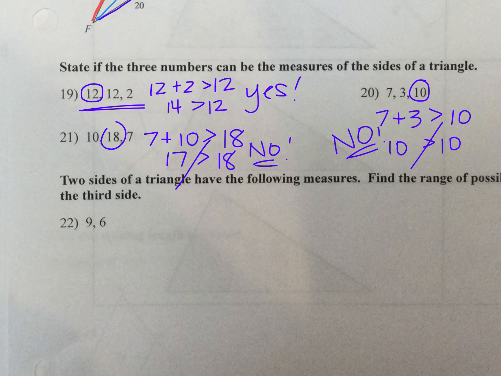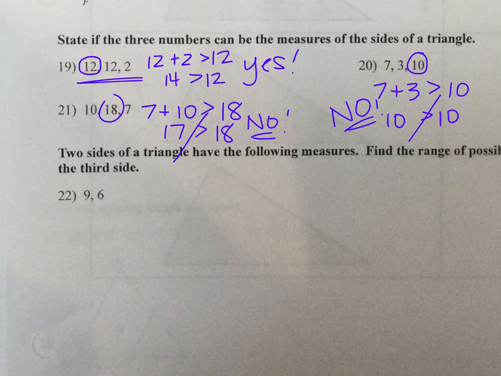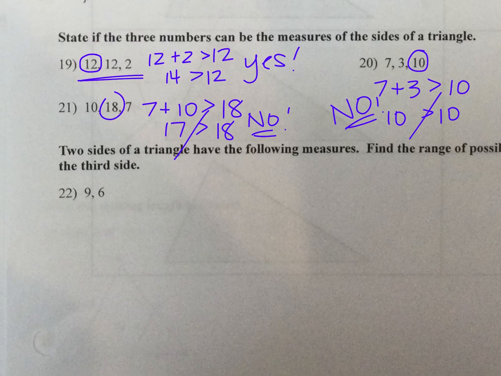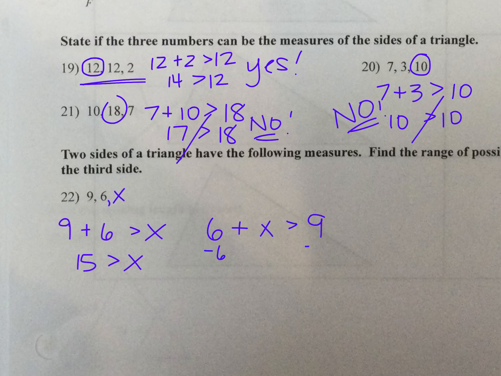The last one on this page, I'm trying to figure out the options of what different sizes I could have to form a triangle. So I can say 9 plus 6 is going to be greater than x. 9 plus 6 is 15. It's got to be greater. 15 is going to be greater than x. Or I can say 6 plus x has got to be greater than 9.